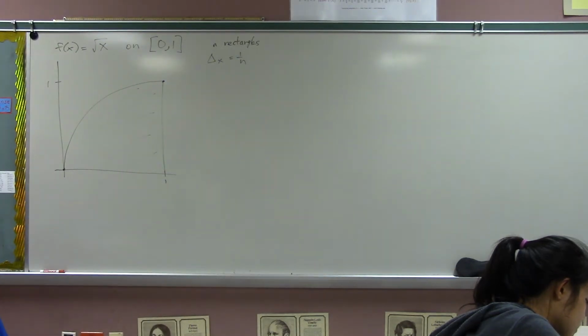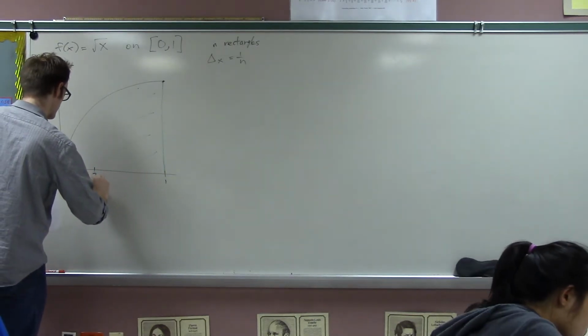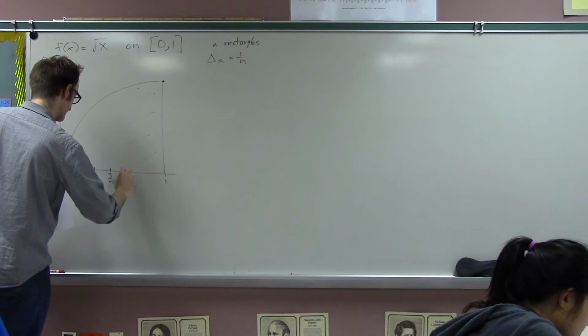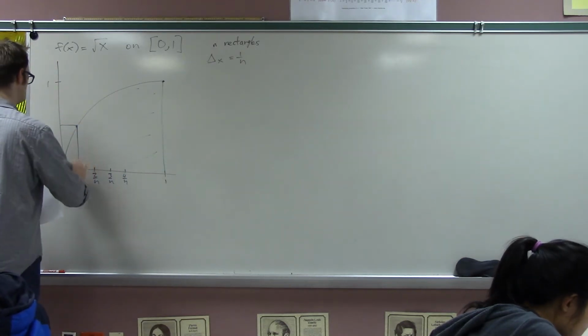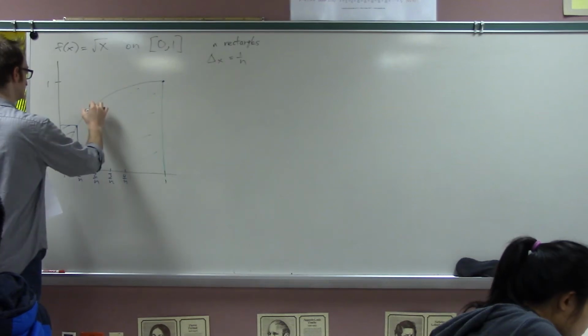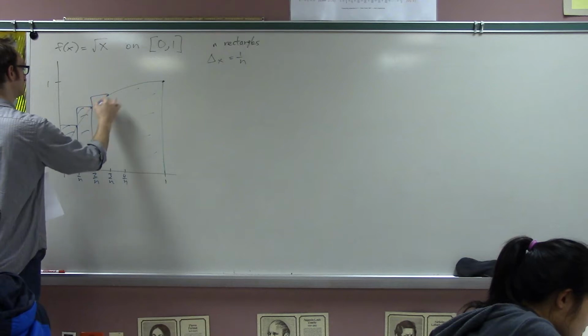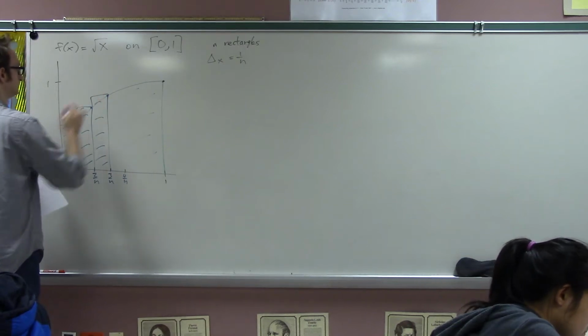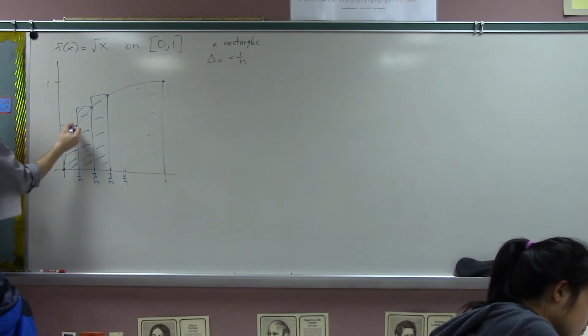So that's 1 over n, 2 over n, 3 over n, 4 over n, etc. And then you could start labeling these coordinates.